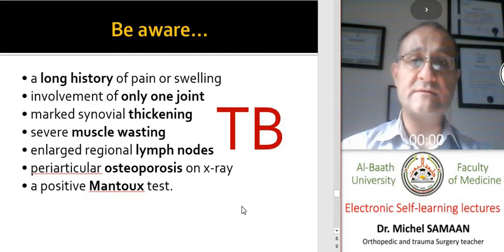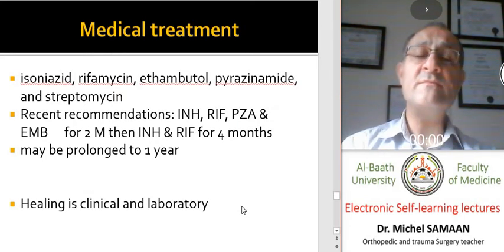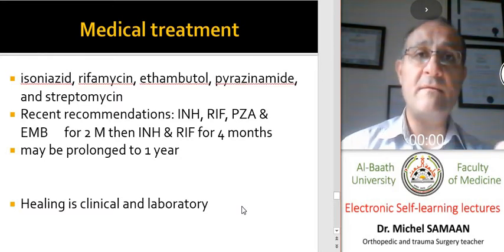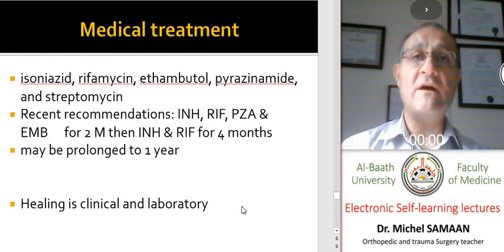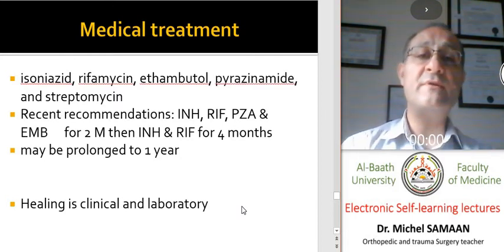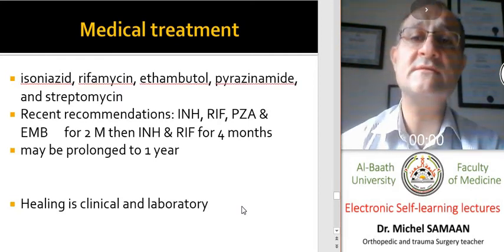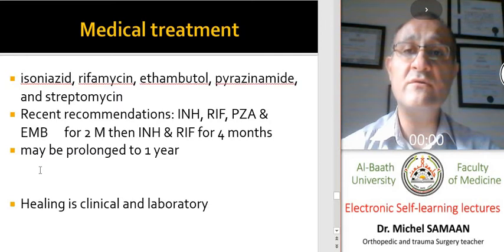assure the diagnosis. The medical treatment is a difficult treatment because it may involve a combination of many antibiotic drugs, specific anti-tuberculous drugs such as isoniazid, rifampicin, ethambutol, pyrazinamide, and streptomycin. Usually we use this combination for 2 months.